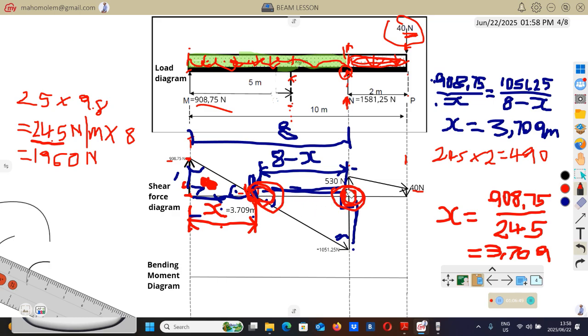Then you just have to calculate the bending moment for here and for here, then compare the two values. If the bigger value is from here, then the maximum bending moment will be here. When you compare the values, you must ignore the sign. Remember, the sign is about the direction.